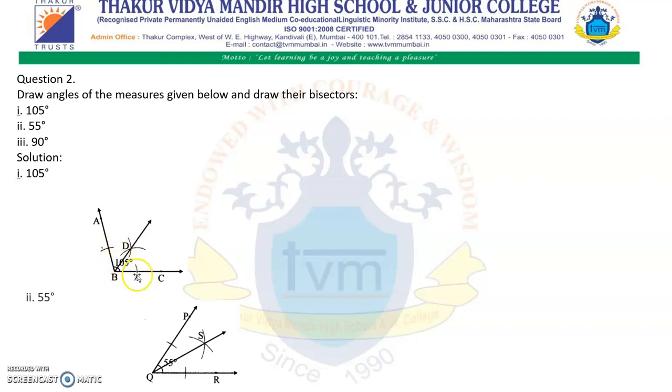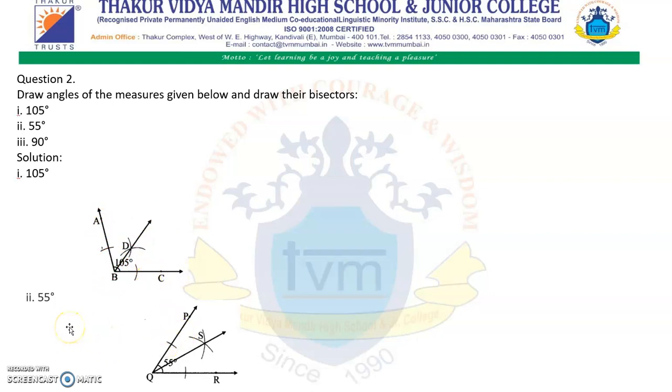Now measure the distance of these two arcs. Draw one arc in the interior of the angle. From the next point, draw another arc intersecting the previous at point D. Join vertex B and the intersecting point of the arcs. We get the angle bisector of angle ABC.